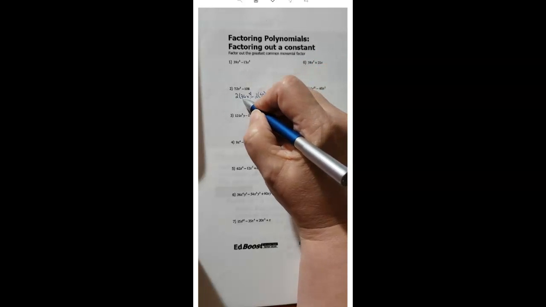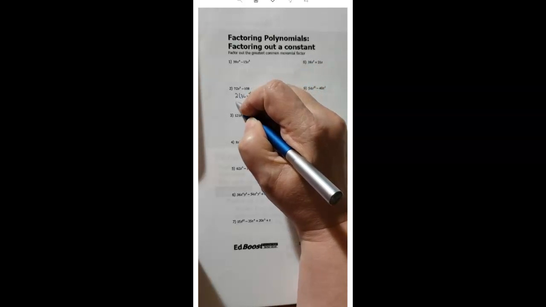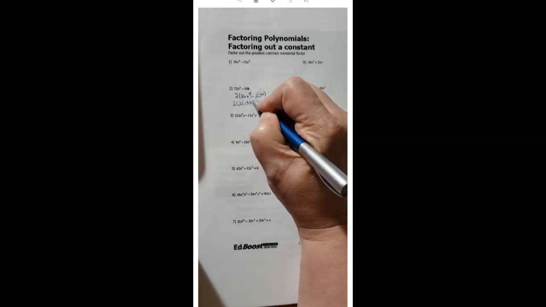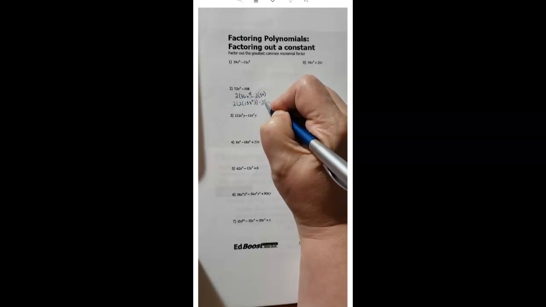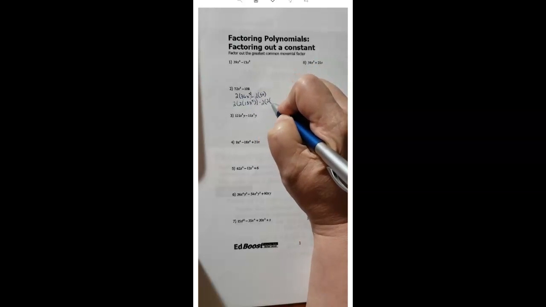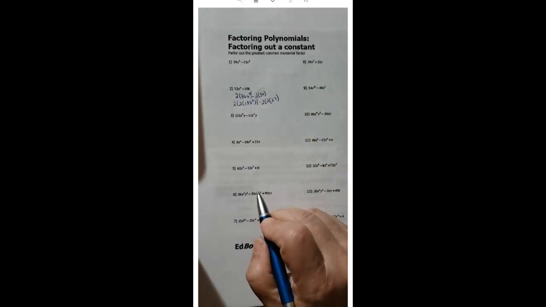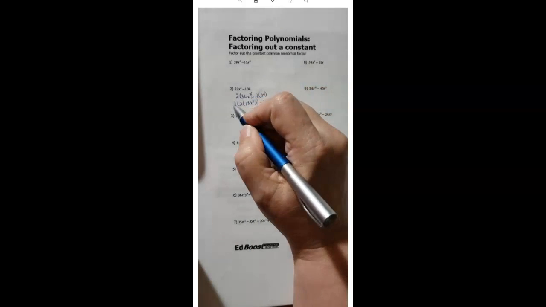Okay, well there's another number that will work for 2 and 54 because they're both even. So I'm going to make that 2 times 18x to the 5th minus 2 times 27. Well, 18 and 27 still have something in common.